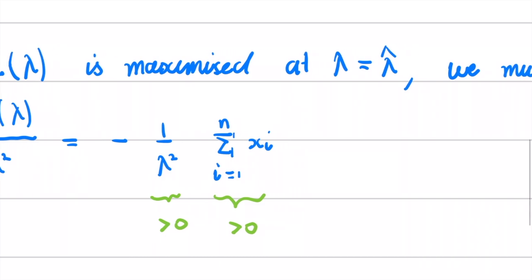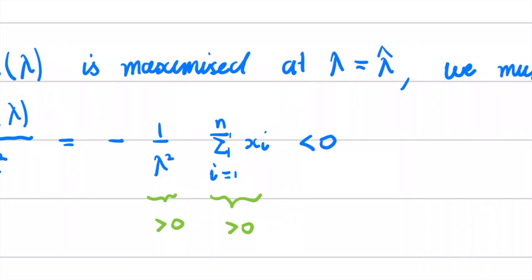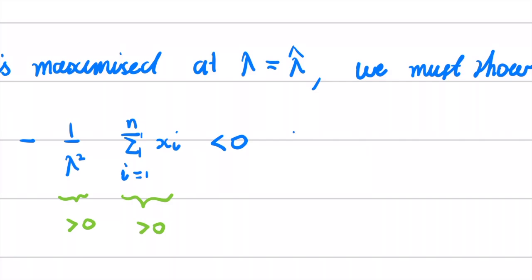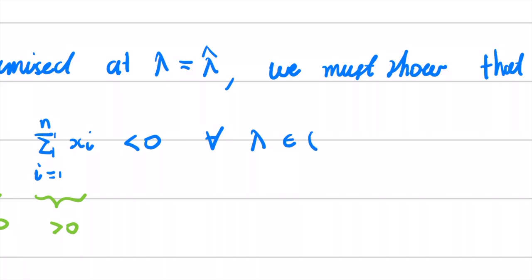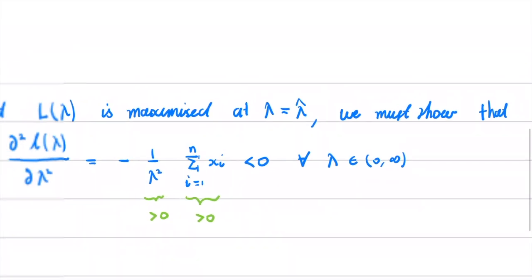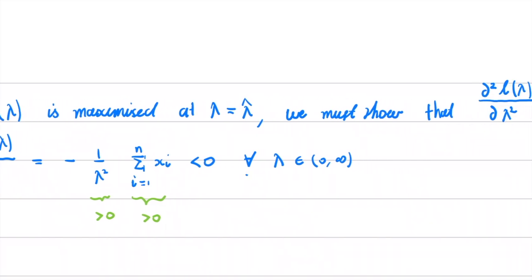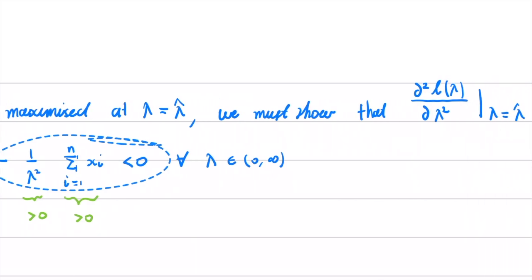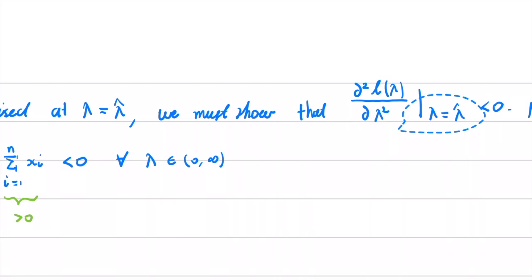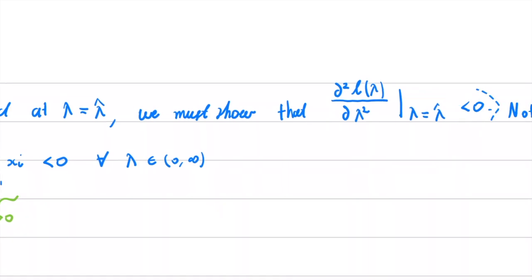Well, this tells you that altogether this is less than 0 for all lambda in 0 to infinity, because the Poisson parameter can only be a positive real number. And so automatically we've proven that if it's less than 0 no matter the value of lambda, then also evaluated at the MLE, it will also be less than 0.